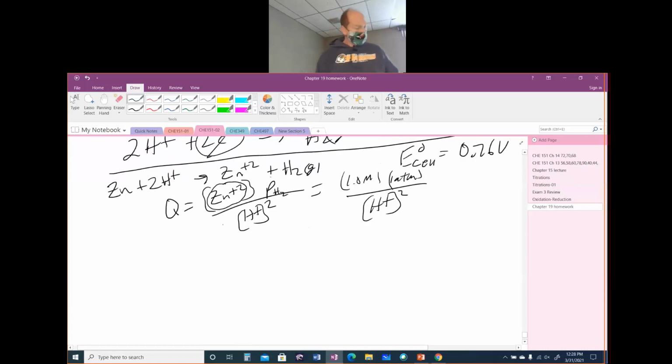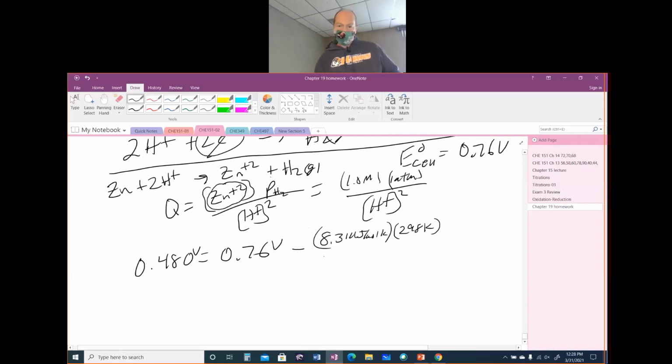So your 0.480 is equal to 0.76, that's volts, minus 8.314 joules per mole Kelvin, 298 Kelvin, over moles of electrons, 2 moles of electrons, and F, 9.65 times 10 to the 4th coulombs per mole of electron.